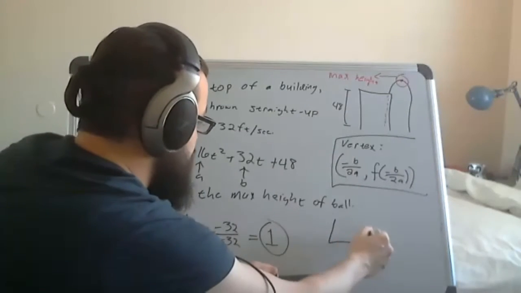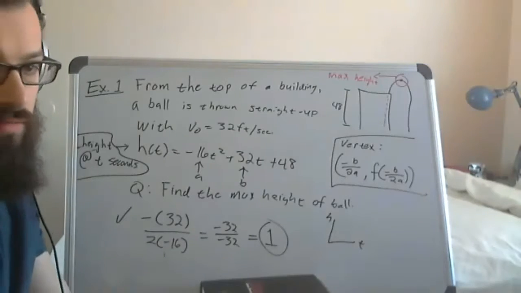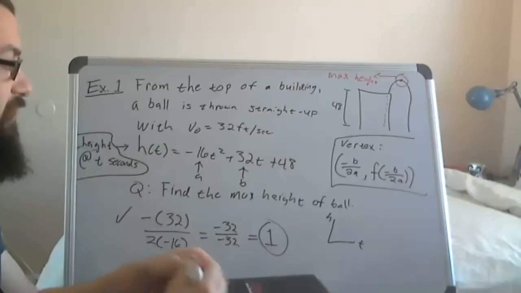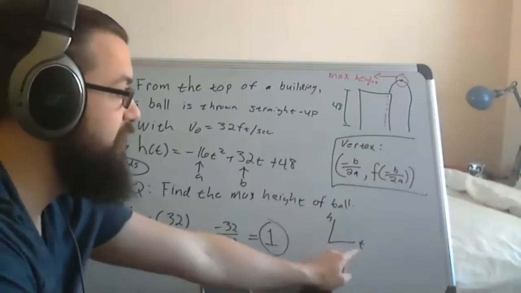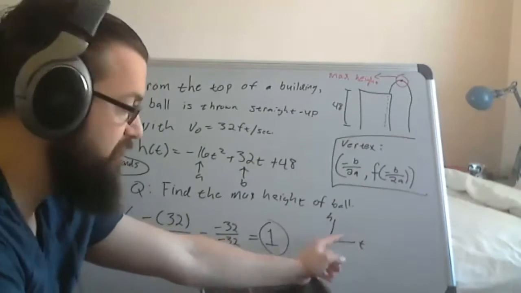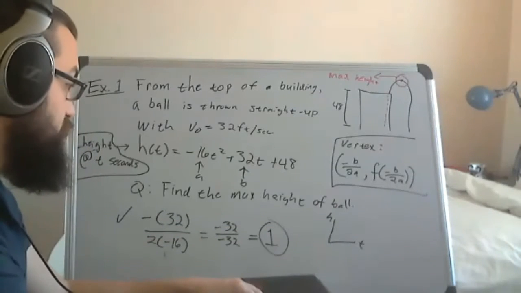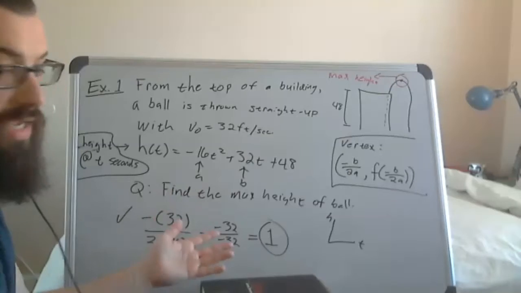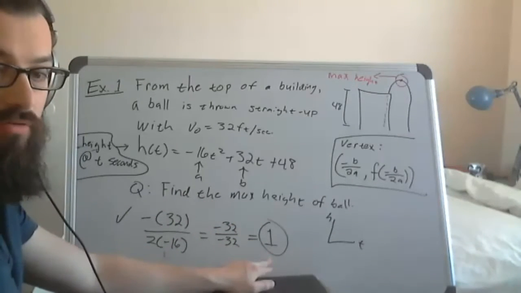So we're really dealing with a t-axis versus an h-axis. x versus y doesn't really matter. It's really the same thing, but now we have actual concepts to put to these axes. Our time is our x, and our h is our y, our height. So what we found here was an x value, in this case a time value. And so we got a time value of 1 second.